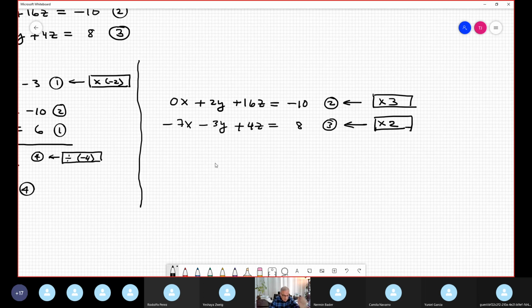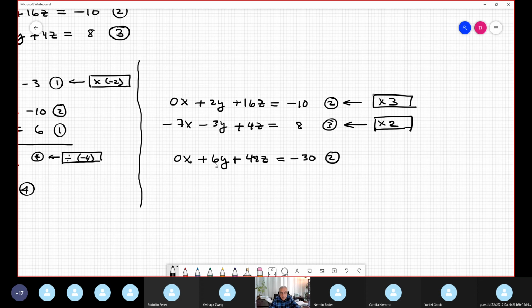So when multiplying, it's 0x plus 6y plus 48z, where 48 comes from 16 times 3, equal negative 30.